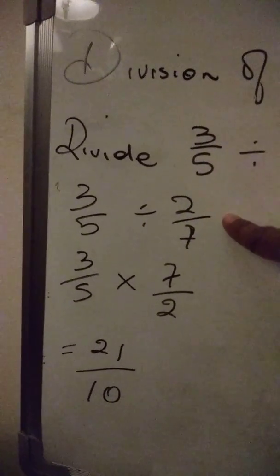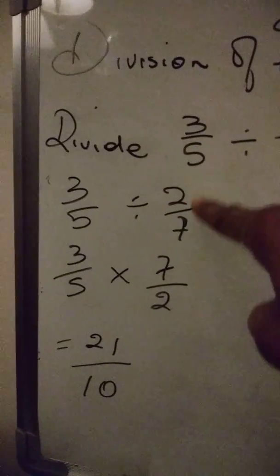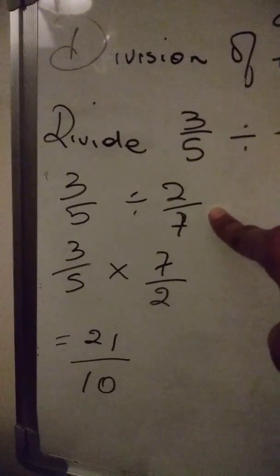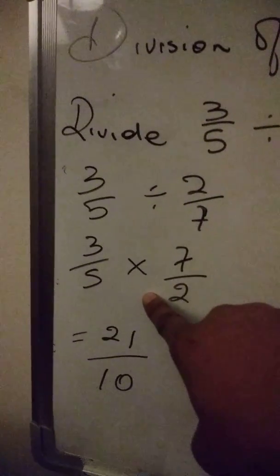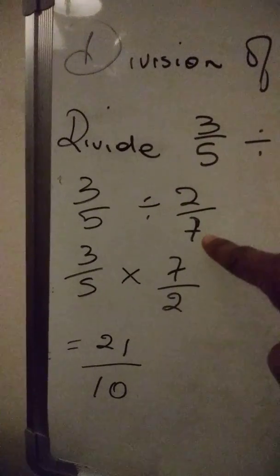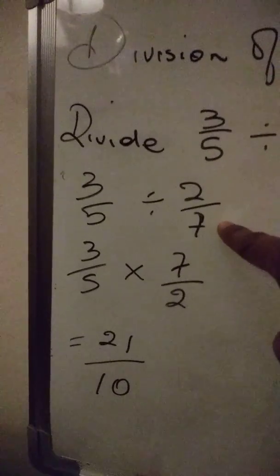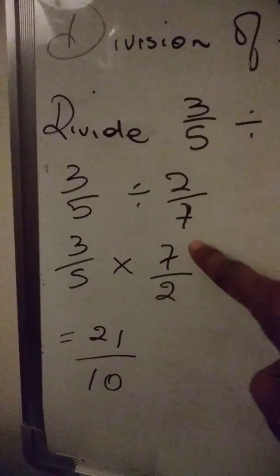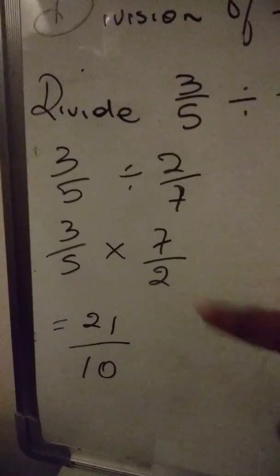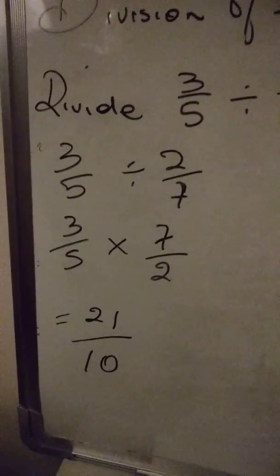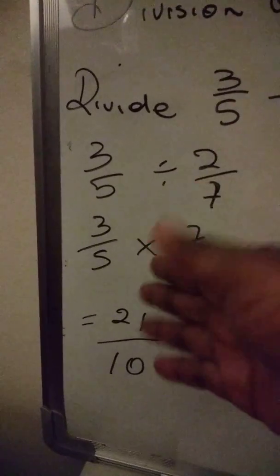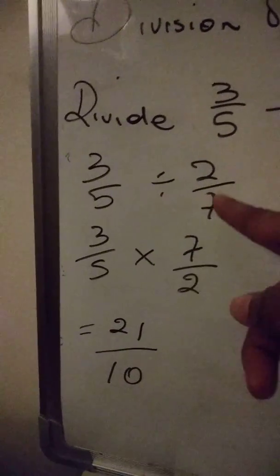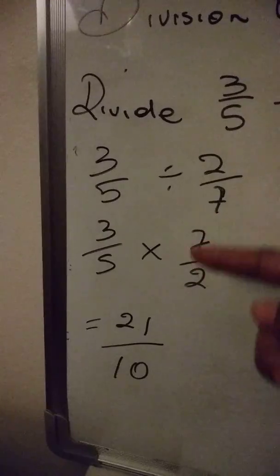So when you're dividing by 2/7, the number that comes after the division sign, when you change the division sign to a multiplication sign, it's going to be the reciprocal of itself. That means it's going to turn upside down.